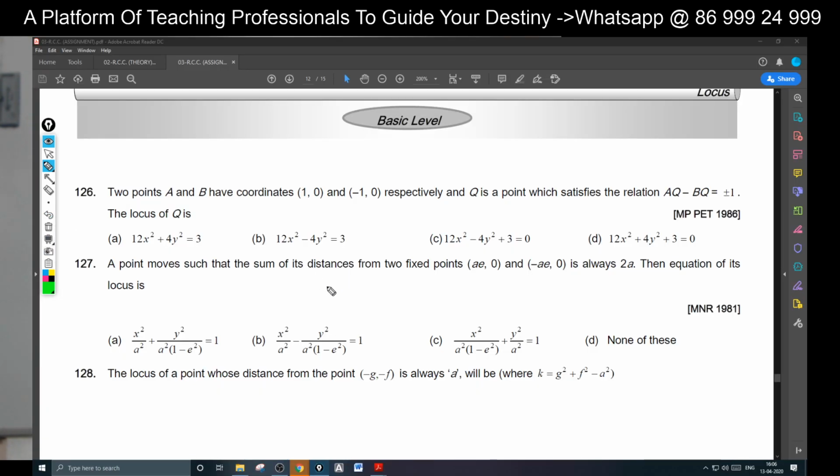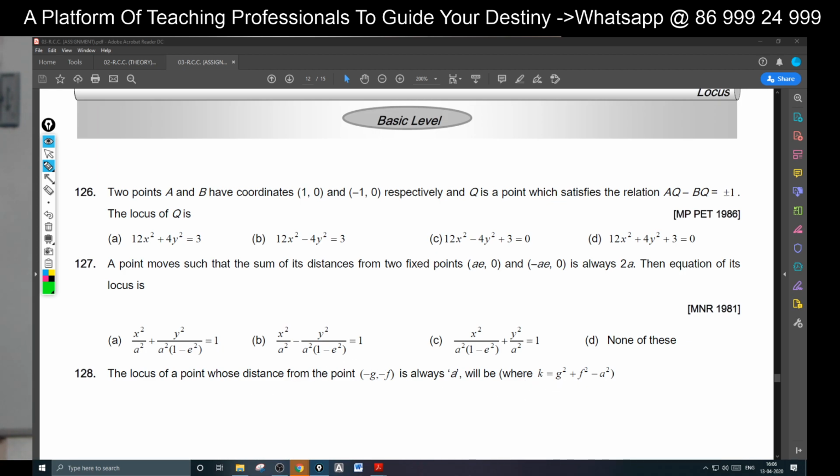Okay, now let's move on to the next problem. This is the answer we have seen. The locus of a point whose distance from the point minus g, minus f is always a will be, where k is equal to g square plus f square minus a square.